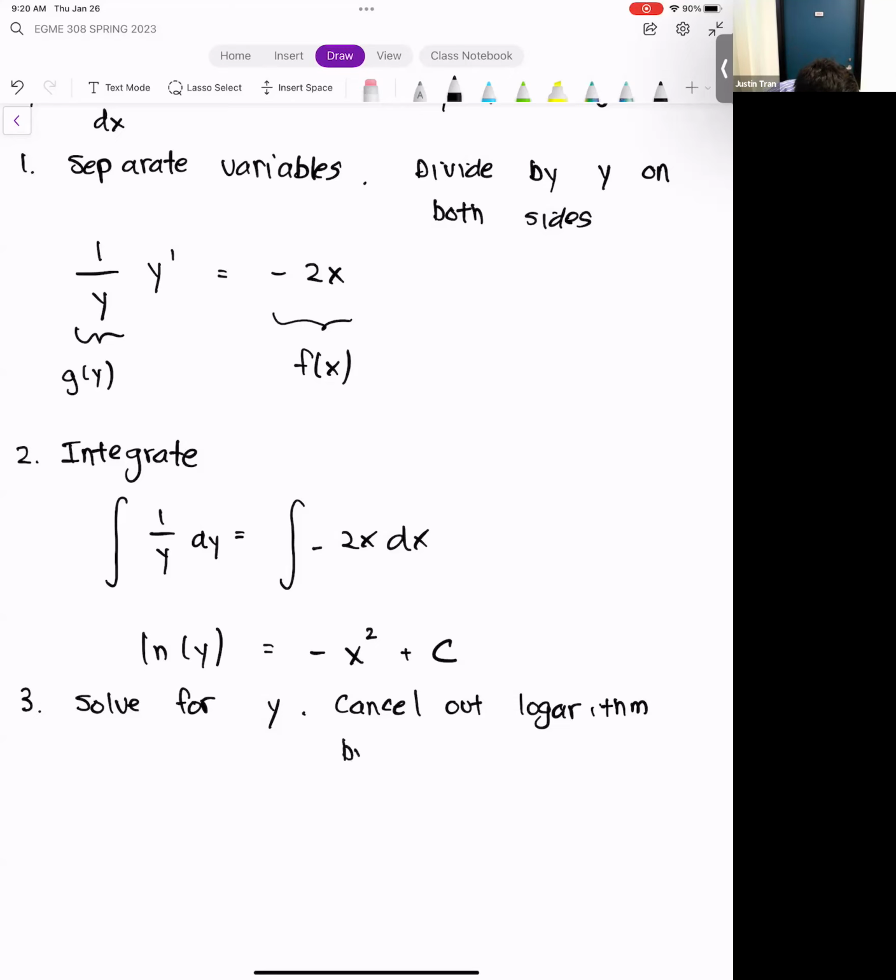We have e raised to the natural logarithm of y, and e raised to minus x squared plus c. And so that e is going to cancel out that natural logarithm. And so on the left hand side, we're left with y of x.